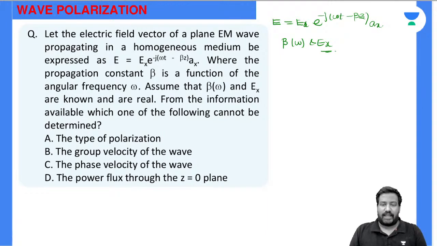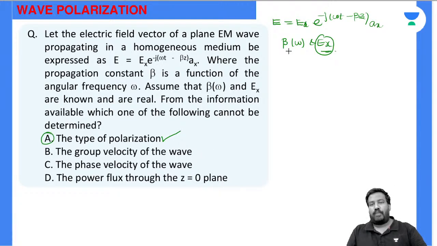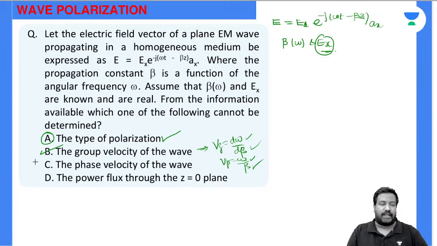Absolutely, if you know electric field, we can determine the type of polarization. Group velocity, we know beta, we know omega. Vg is d omega by d beta. You know omega, you know beta, you can find this. Phase velocity, omega by beta. You know omega, you know beta, you can find this.